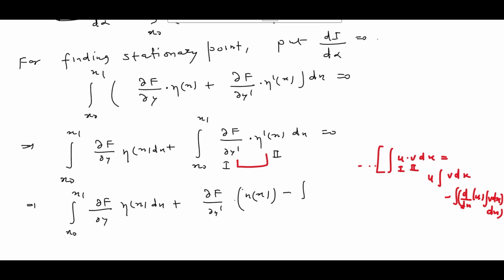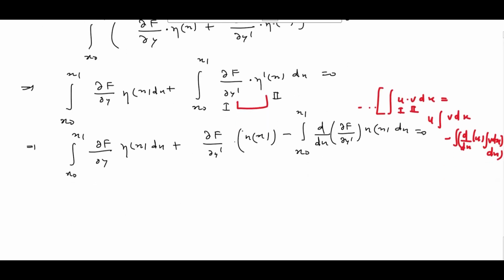Negative integration from x0 to x1. Take the differentiation of this first function, that is del f over del y dash, and this integration will be eta of x, and the whole integration dx is equal to 0.